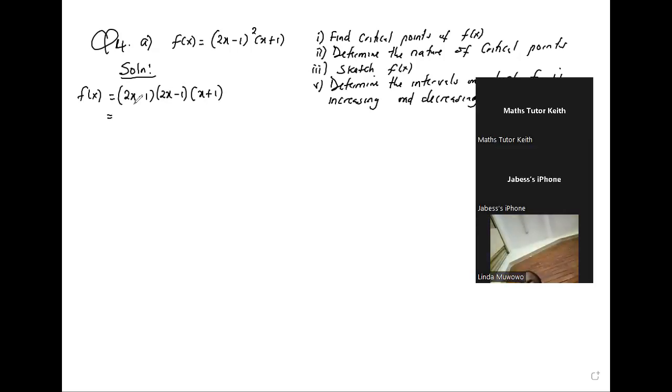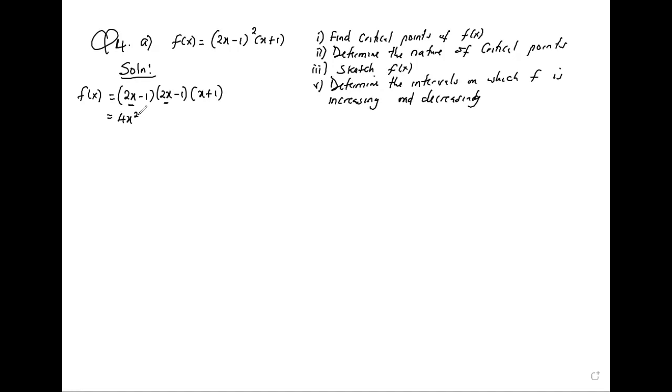So 2x times 2x, we get 4x squared. And then 2x times negative 1, we get minus 2x.